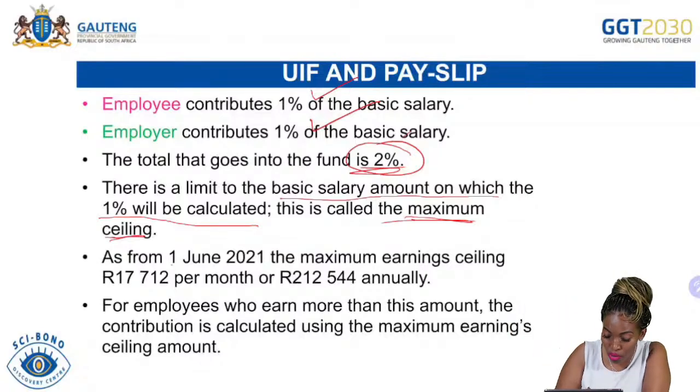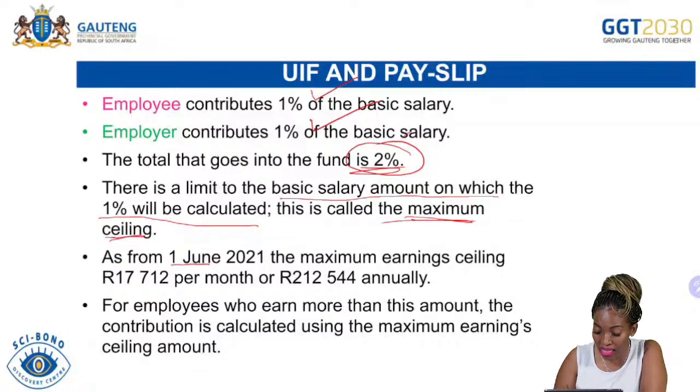Now, as from 1st of June 2021, the maximum earnings ceiling was R17,712 per month, or R212,544 annually. What does this mean?